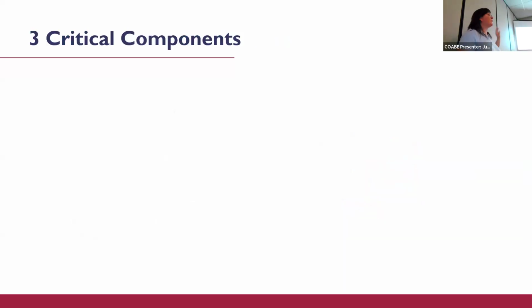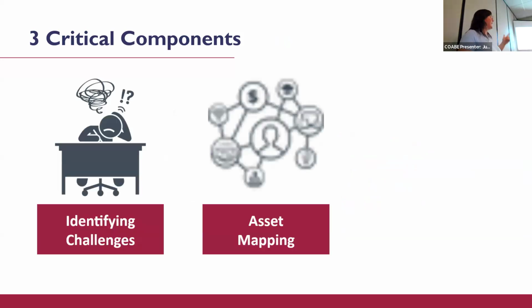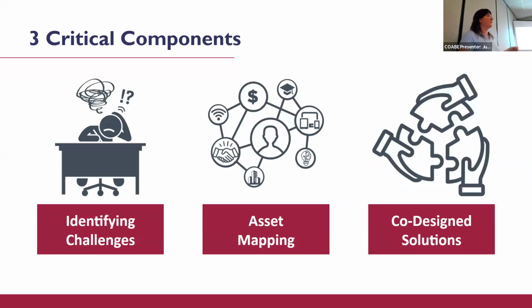And we really have seen 3 critical components as being really effective for supporting those institutions that really get at the heart of digital navigation, which are identifying challenges, asset mapping, and co-designing solutions. So with each site that we work with, we obviously don't go in and say, oh, you have a challenge, nothing to be done. Good luck.